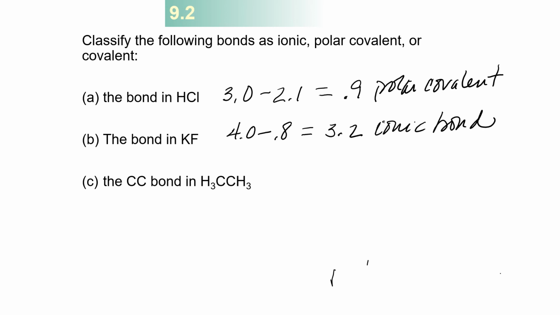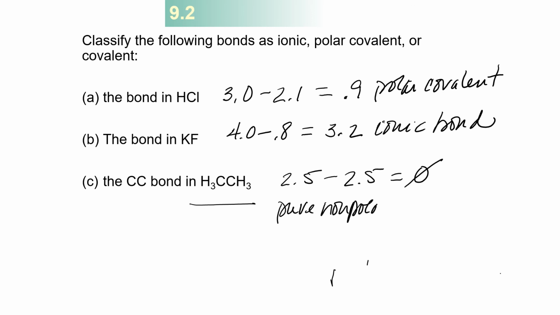And the C-C bond in this compound, so carbon's electronegativity value is 2.5, and if we subtract those from one another, we get 0. So this is pure nonpolar covalent.